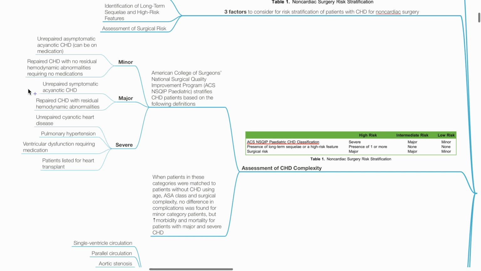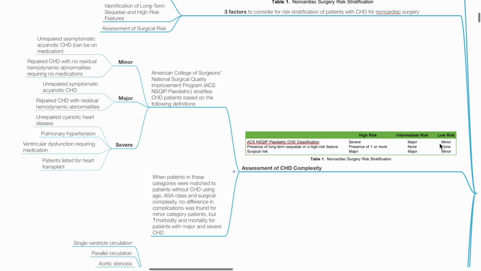Major lesions include unrepaired symptomatic acyanotic CHD and repaired CHD with residual hemodynamic abnormalities. Severe lesions include unrepaired cyanotic heart disease, pulmonary hypertension, ventricular dysfunction requiring medication, and patients listed for heart transplant.